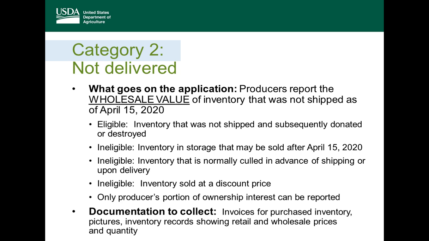So what's going to go on the application in this instance? Producers report the wholesale value of inventory that was not shipped as of April 15th of 2020. Eligible is inventory that was not shipped and subsequently donated or destroyed.